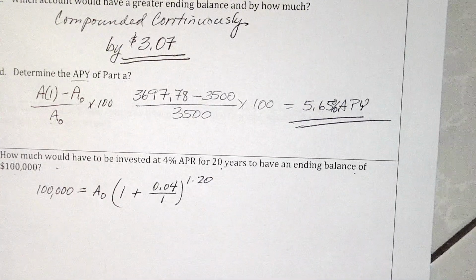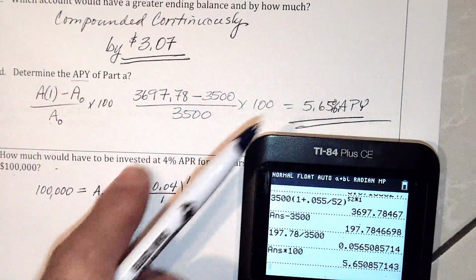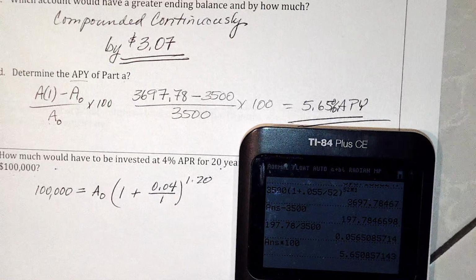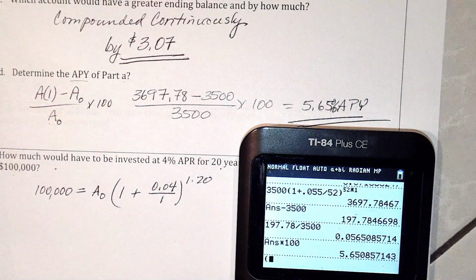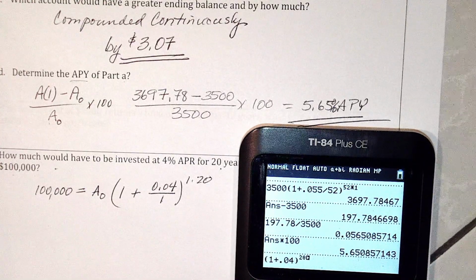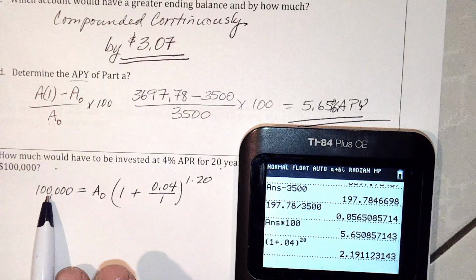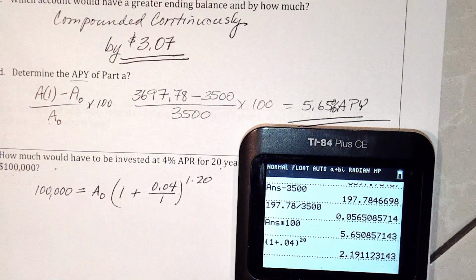And so this side works out to be parenthesis 1 plus 0.04 divided by 1, which is the same thing, to the 20th. And then I would divide that into the 100,000.